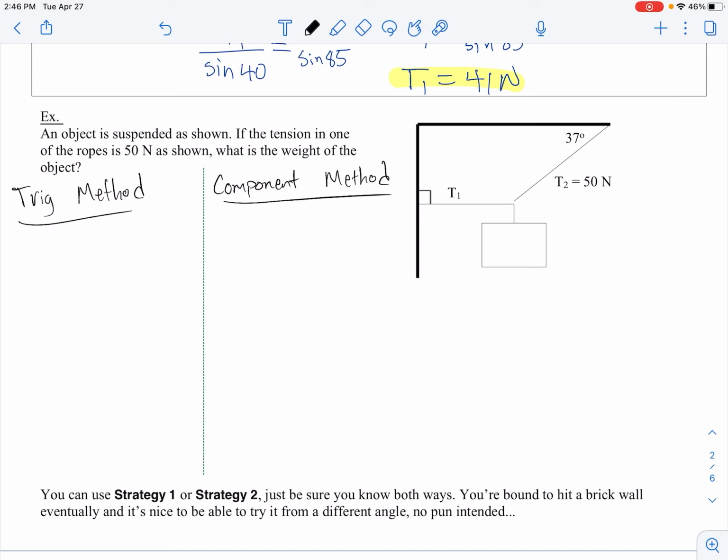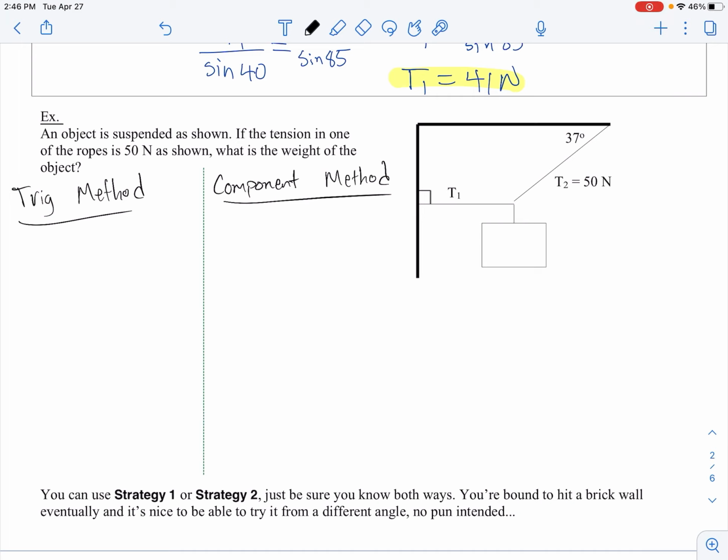So I set up a section for both methods here. What I have here is objects suspended. Tension in one of the ropes is 50 newtons, that's T2. Try to figure out what is the weight of the object.